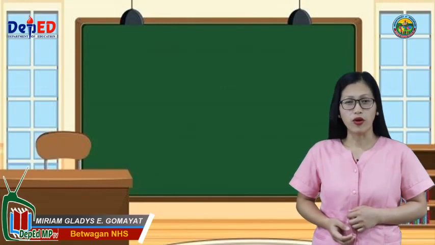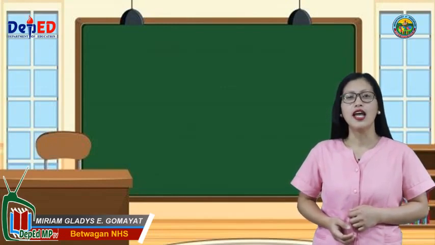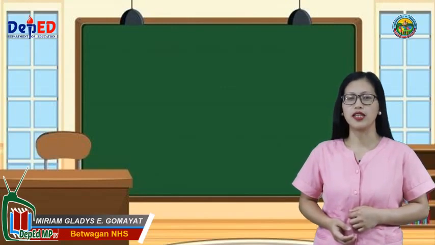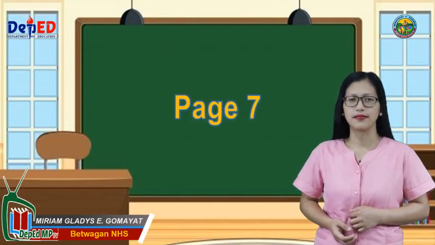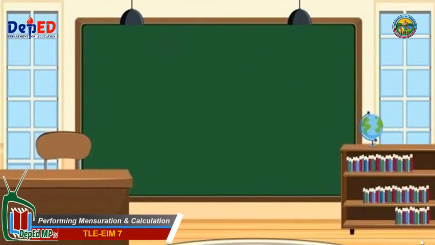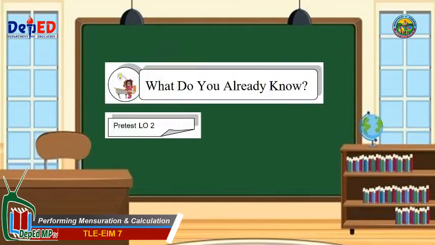So, before we start with the discussion, let's determine how much you know about system of measurement and carrying out measurement and calculations. Please open your modules to page 7. Are you on page 7 already? If you are, I want you to look at the bottom part of that page. You'll see What Do You Already Know, Pretest LO2, and the first part of your pretest is on that part.